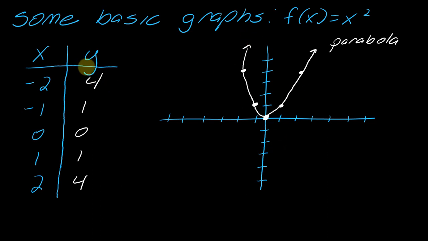Whenever you take the time to build these out and figure out the basic structure of a graph, you want to note some of the really basic characteristics. It doesn't even have to be anything super mathy. Just looking at this, it looks like a U to me. And then there's a bottoming out point here, and then everything's symmetrical on each side, right? And it's got this curved shape.